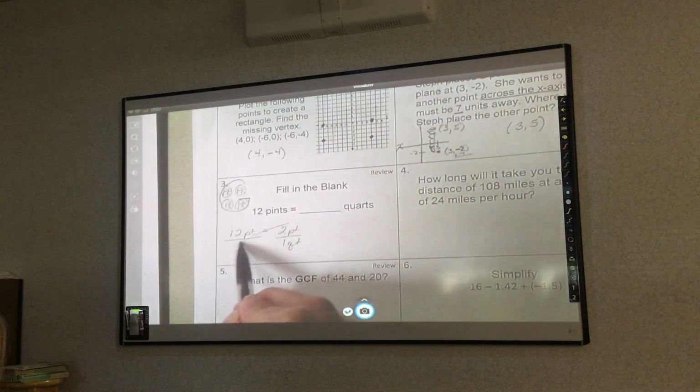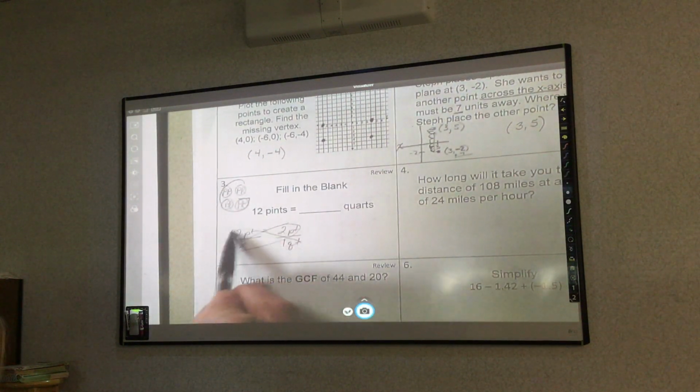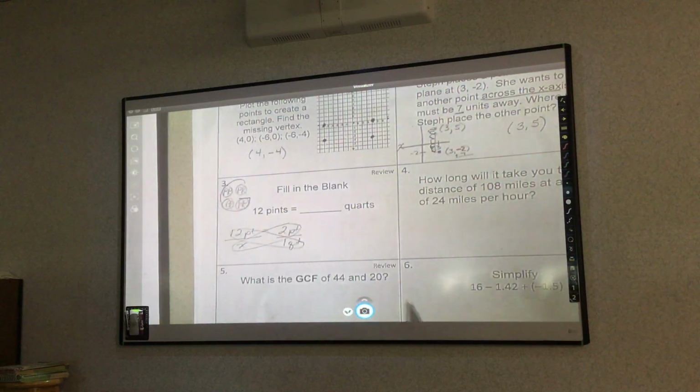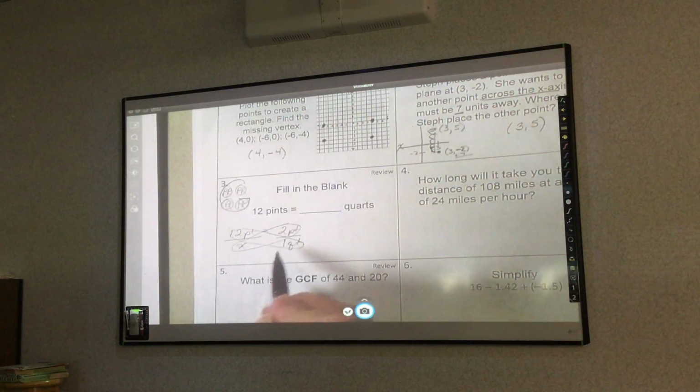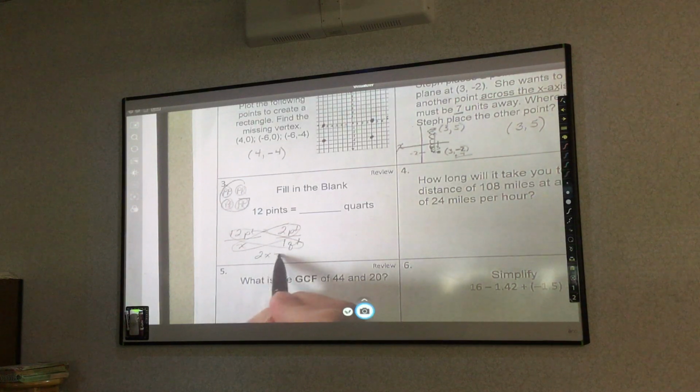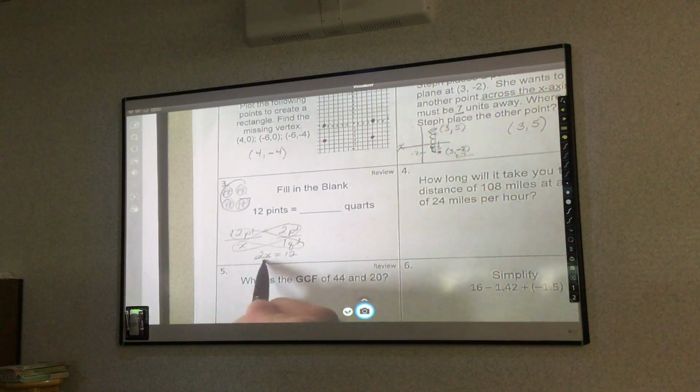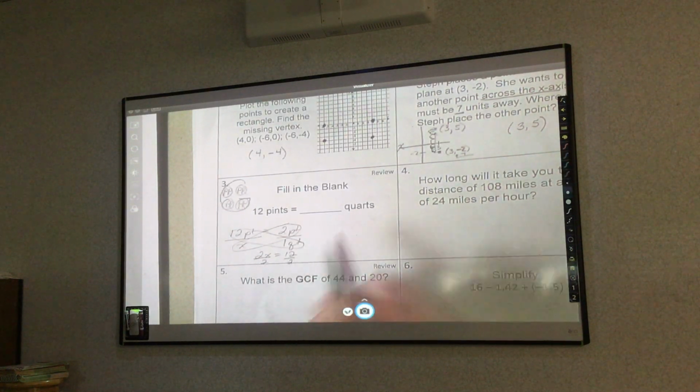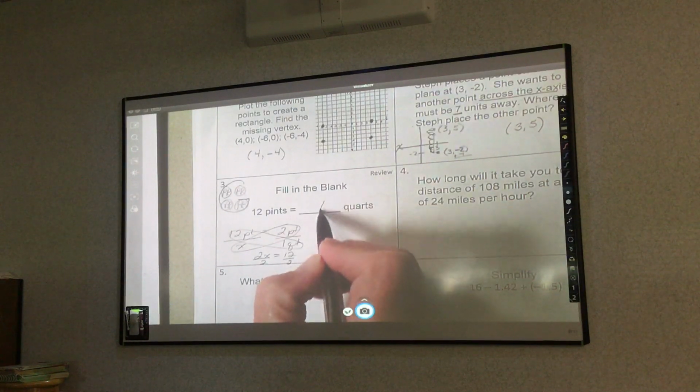So then I do my cross multiplication, and I have 2x equals 12. Need to get 2 alone, so I know I have to take 12 divided by 2, which is 6.